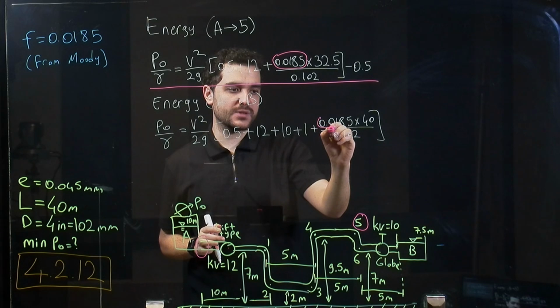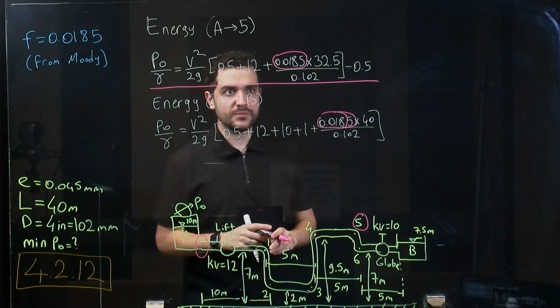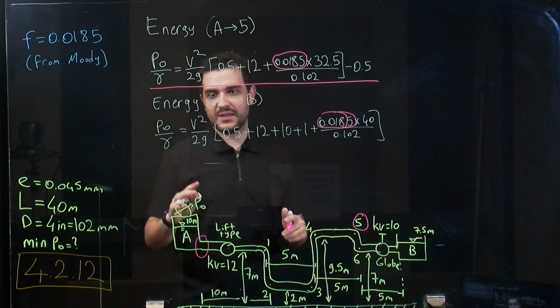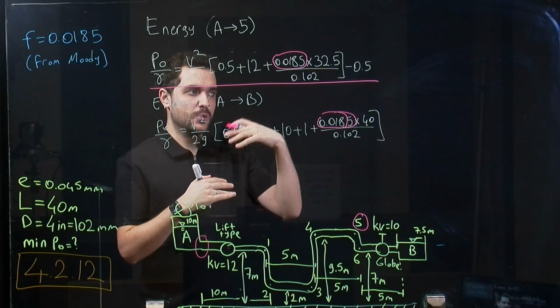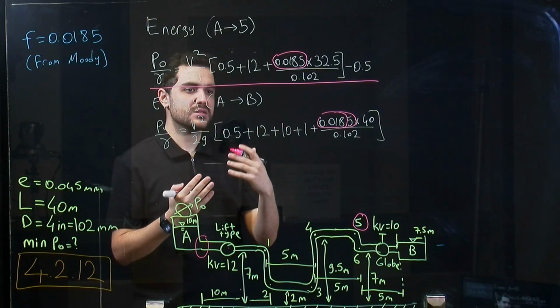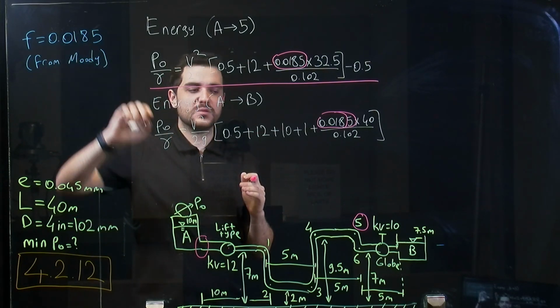because first we assumed that it was 0.02, and based on that we calculated the velocity, and from that velocity we calculated a new Reynolds number, and then we calculated the friction factor as 0.0185.